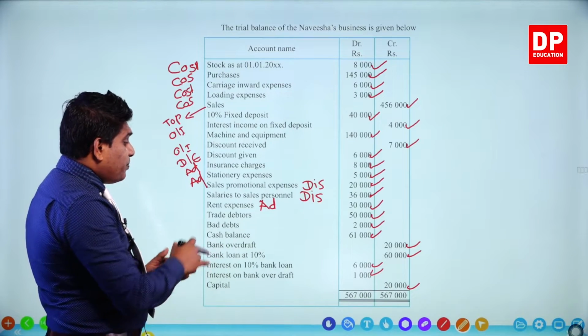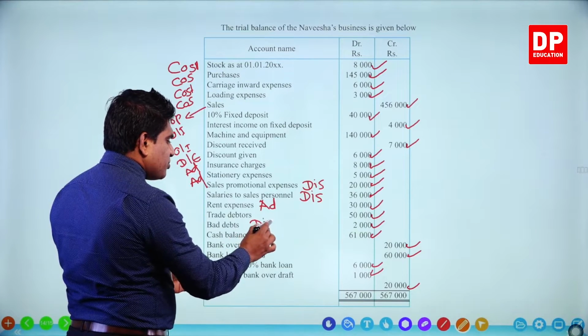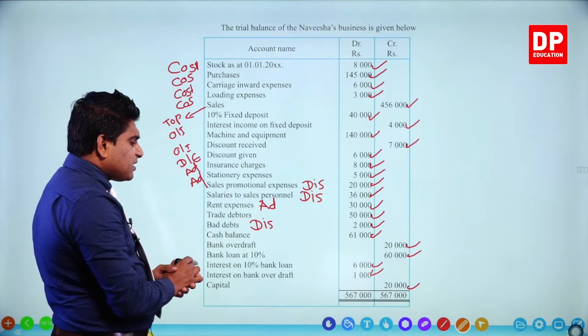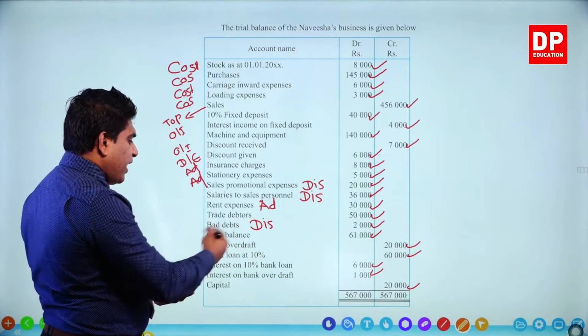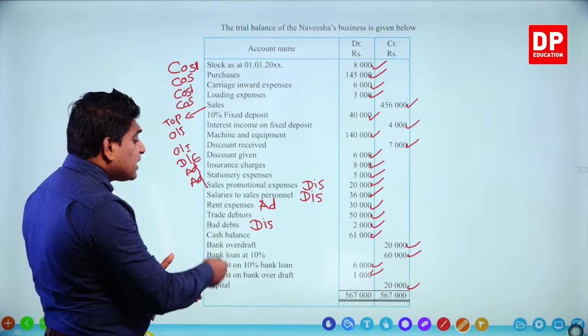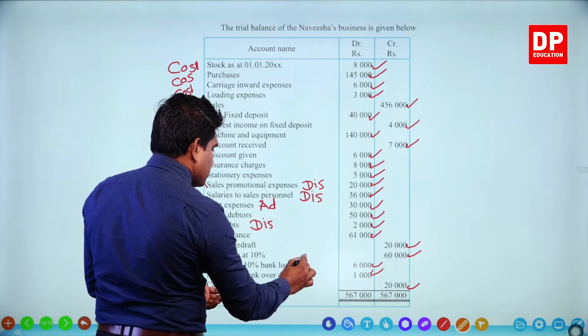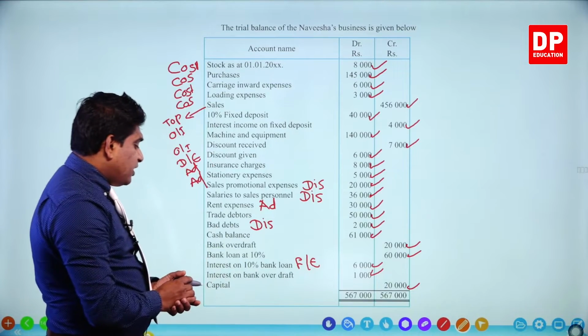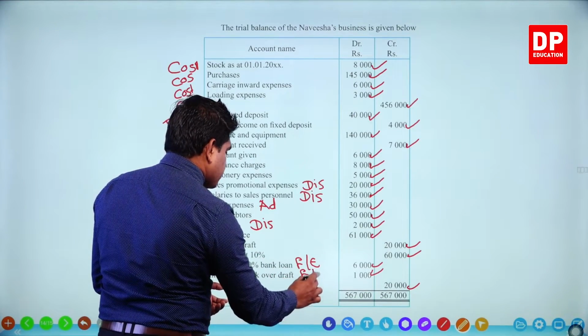Then bad debts, distributing expense, right? Cash balance is an asset. Overdraft, liability, so you don't take it. Bank loan also we don't take. Interest on bank loan, where? Financial expense, right? Interest on bank overdraft also financial expense.